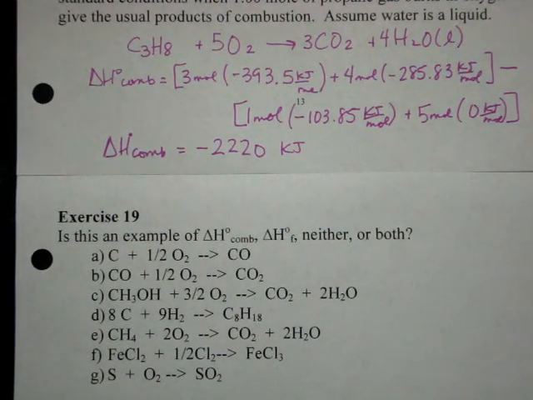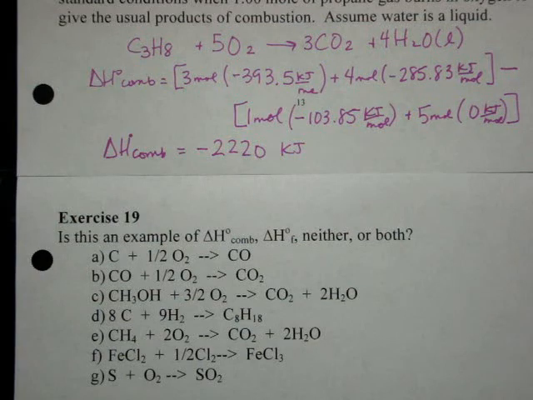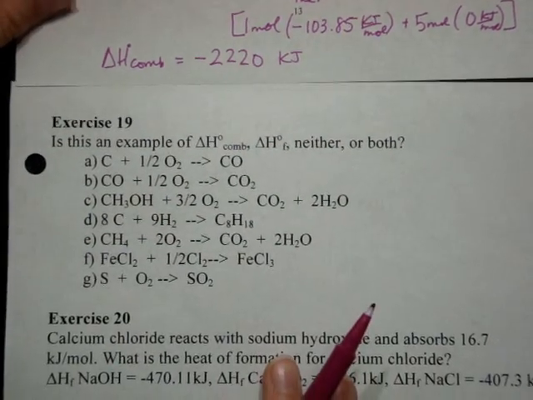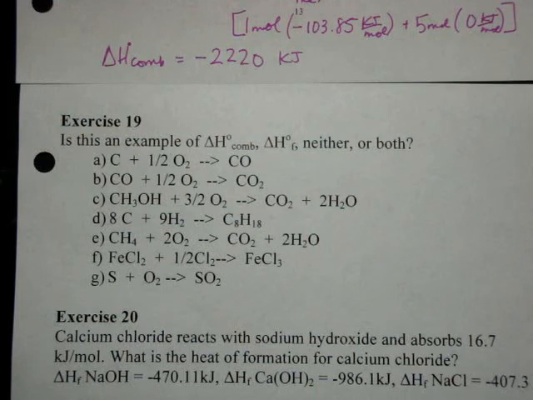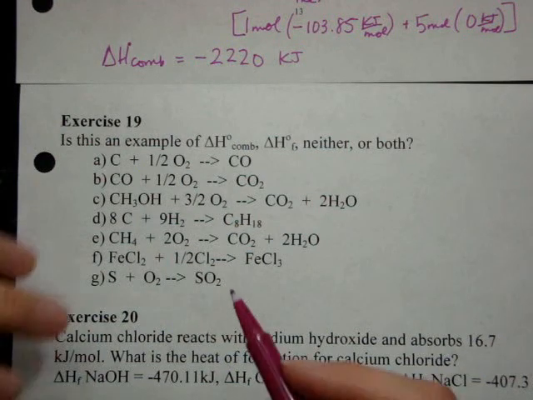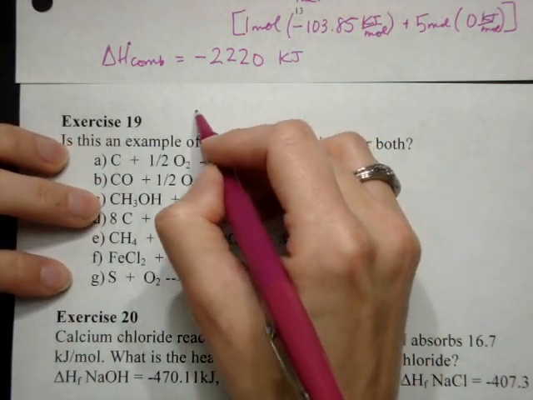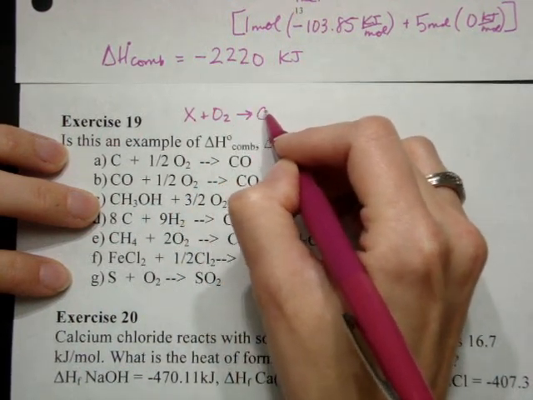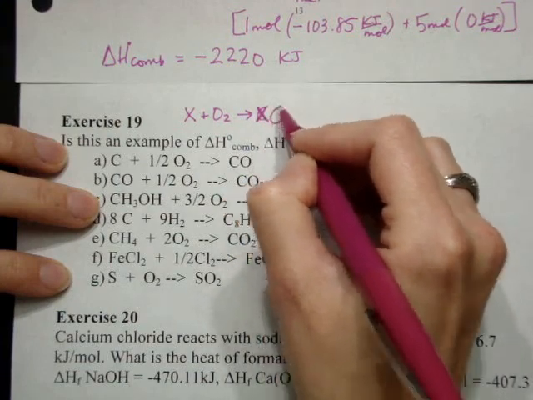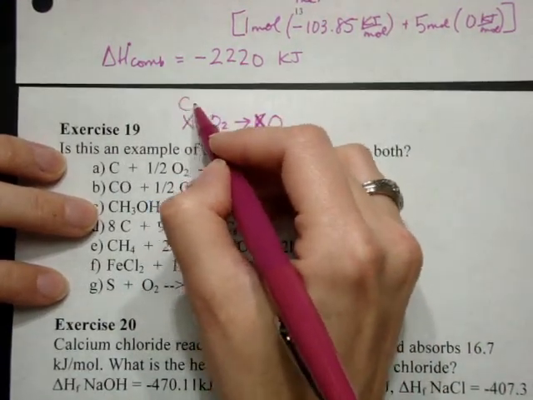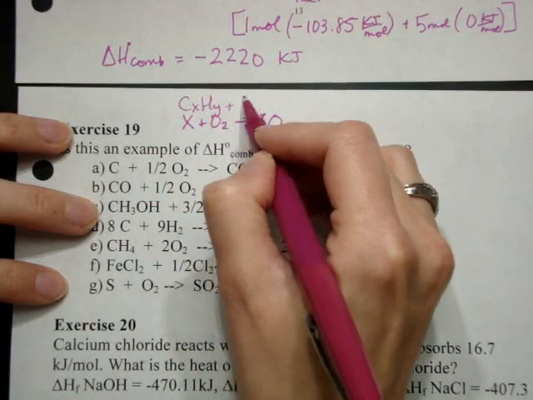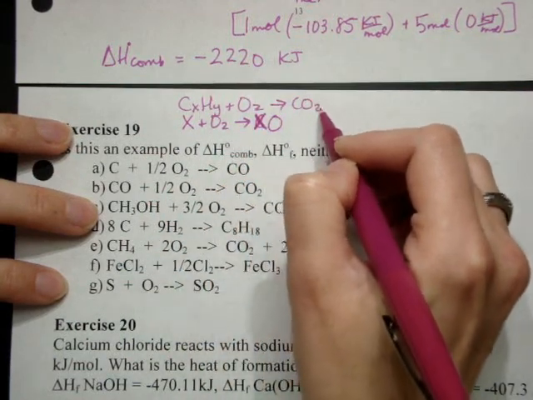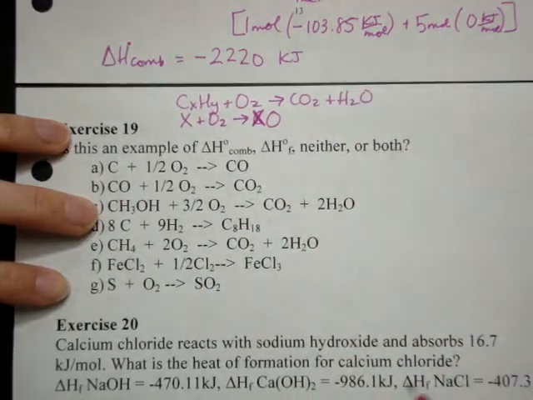Okay, if we continue on from exercise 18 on to 19, what we're going to do here is just look at the differences between enthalpy of combustion and enthalpy of formation, both of which are just specific forms of enthalpy of reaction. Again, to have combustion, you have to have something mixed with oxygen that makes some kind of an oxide, XO, or your standard fuel, CxHy plus O2 yields CO2 and water, or maybe CO and water.